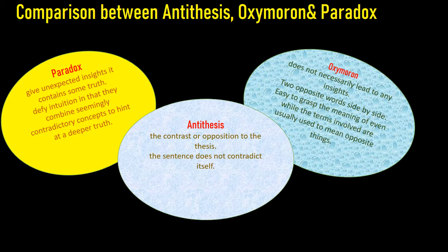So to identify all three: antithesis is balancing, in the sentence it will be balanced; oxymoron is kept side by side, and mostly it will be an adjective followed by a noun; in paradox there should be some deeper truth inside. This is the way to identify paradox, antithesis and oxymoron and to understand the differences.